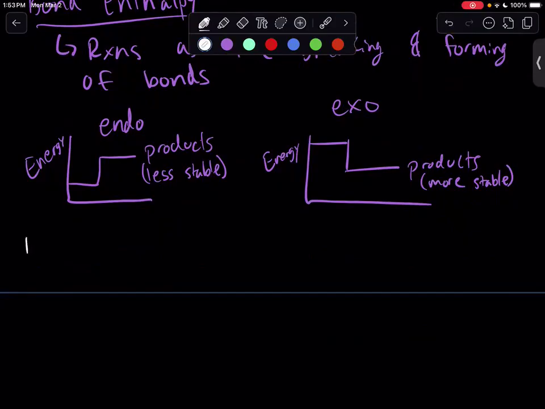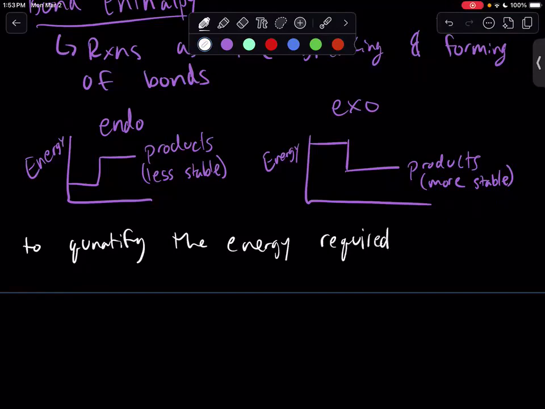Well, to quantify the energy required to break bonds, we use what we call bond dissociation energy, which is just bond enthalpy.